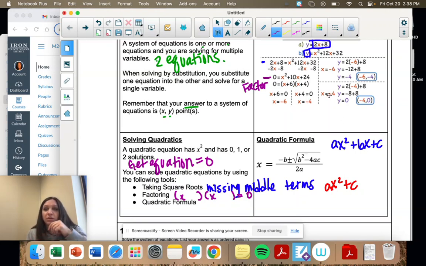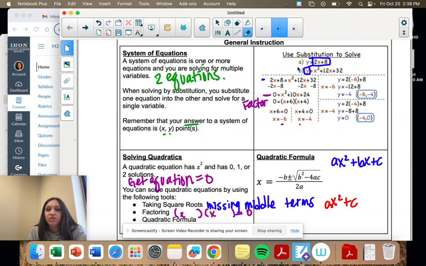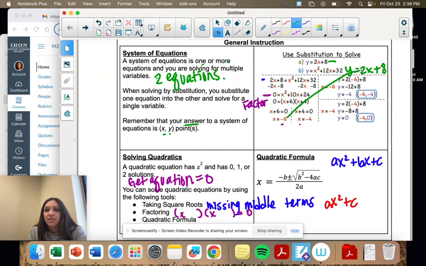It's usually 2. Then you're going to take those x values back into one of the original equations. There's going to be one that's easier than the other. So y equals 2x plus 8 is the easier one, and they're replacing x with -6 and then 4, and you get your y value, and you write that as an xy point.